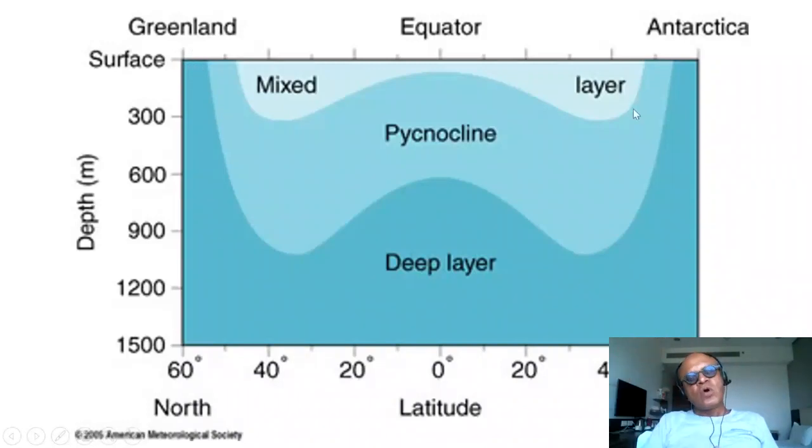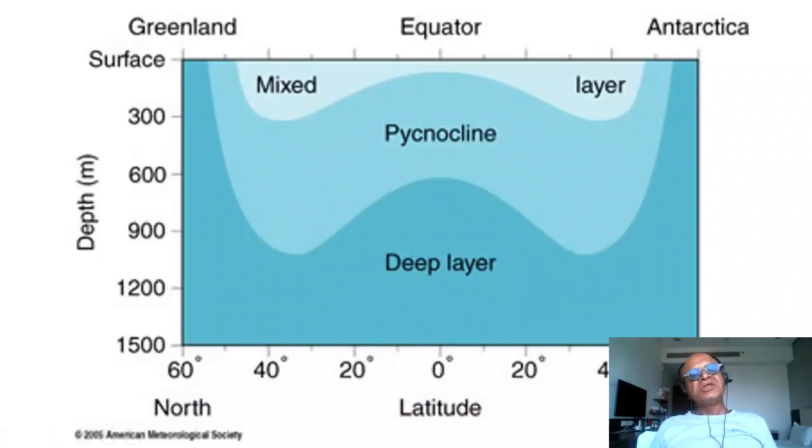So how the water sinks, how the atmospheric properties get taken down, and how long the water stays down there versus in these regions are all going to depend on this broad structure.